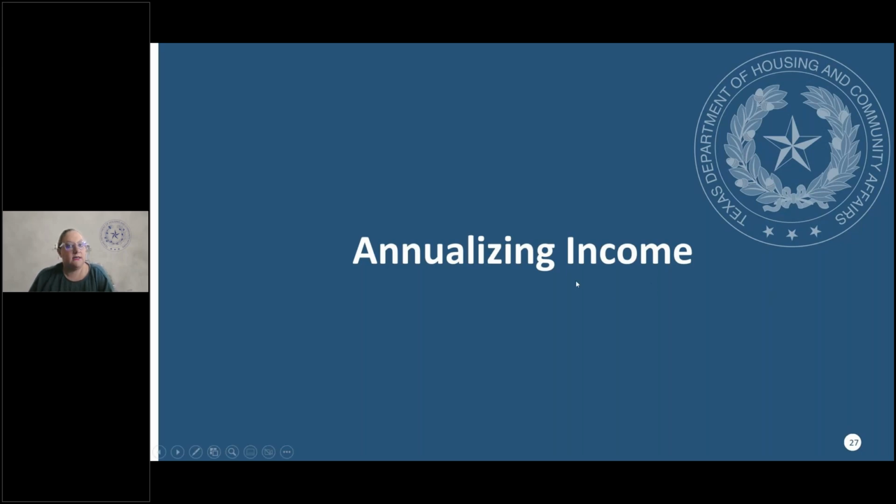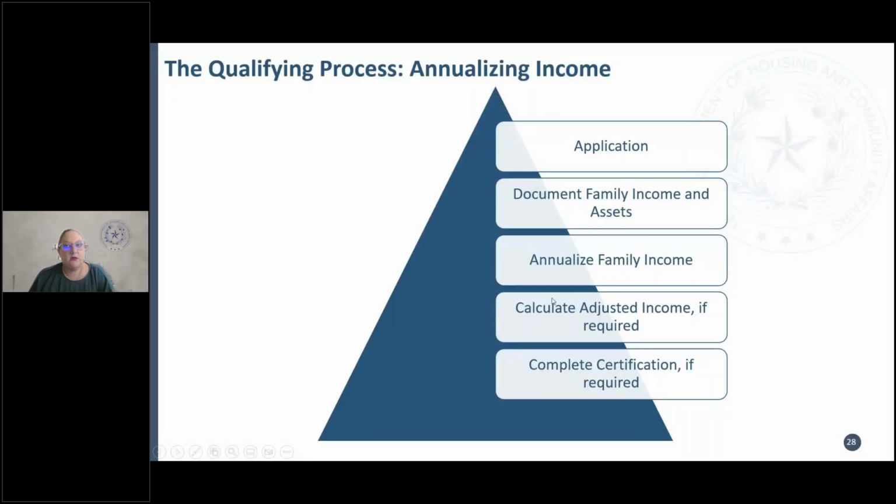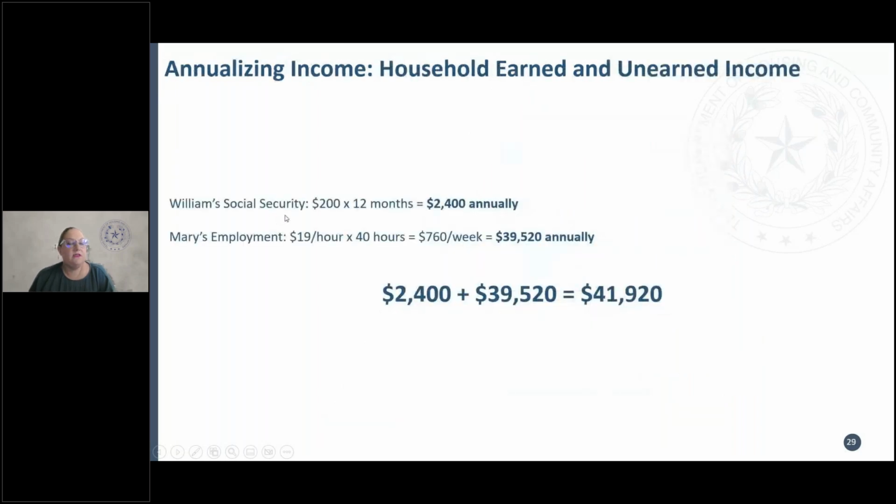All right, so let's look at this. We've documented everything. We've gone through our application. Now we've got to annualize it. So for William's Social Security, simple. We took the $200 a month times 12 months for an annual income of $2,400.